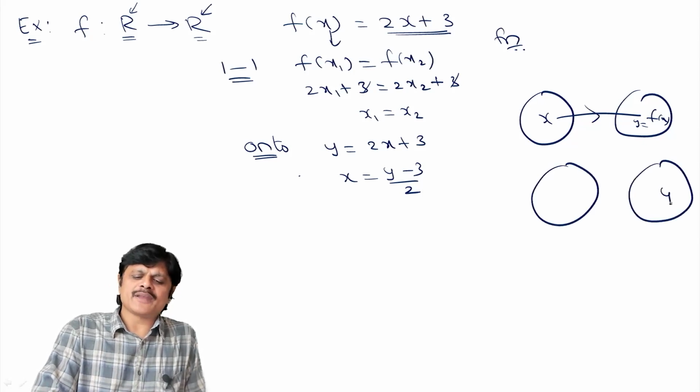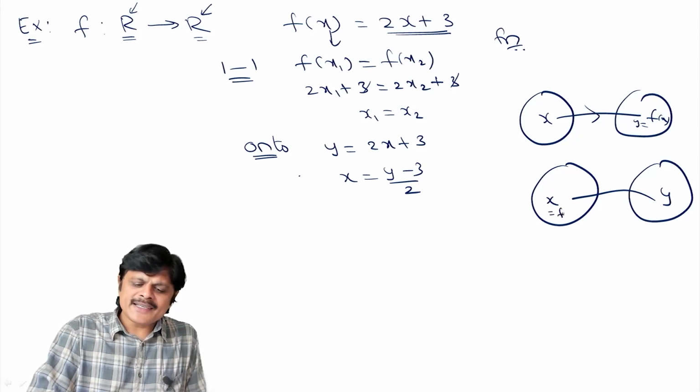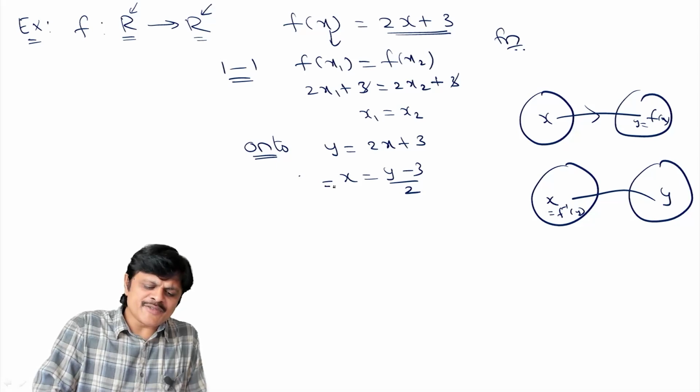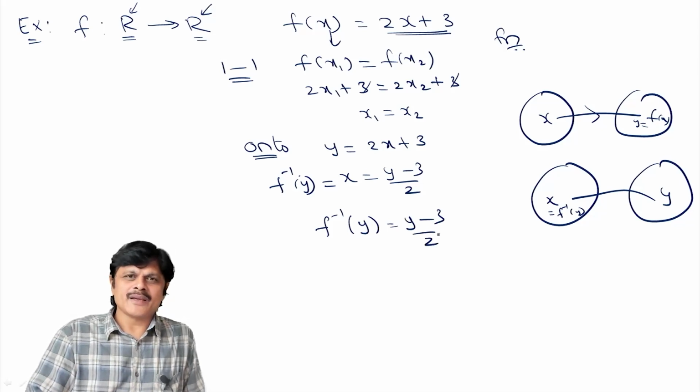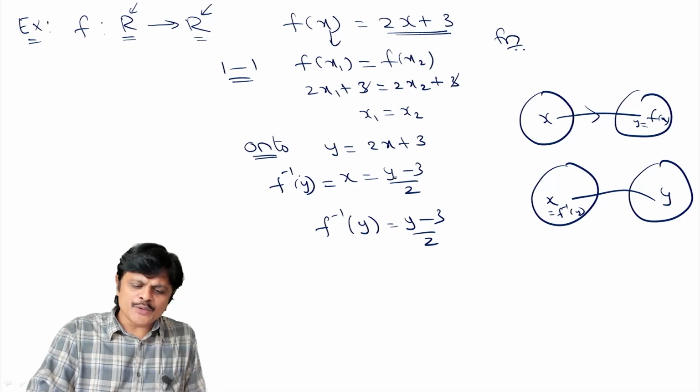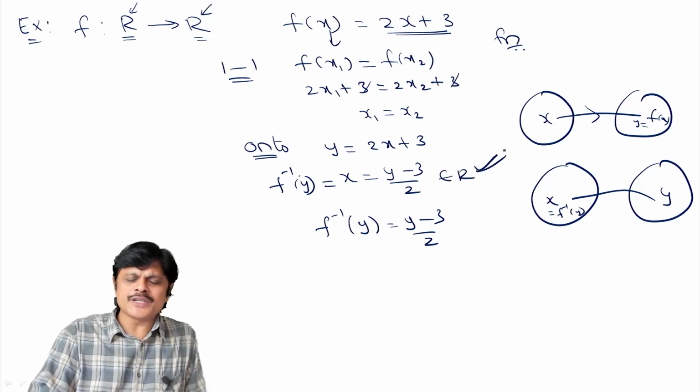Reverse you want to see. For y you need to find x. So what is this x? f inverse of y. So this x which you got is actually f inverse of y. That means f inverse of y is equal to (y minus 3) by 2. See, clearly it is onto, no, because y is a real number means (y minus 3) by 2 is a real number. Therefore, onto is done.